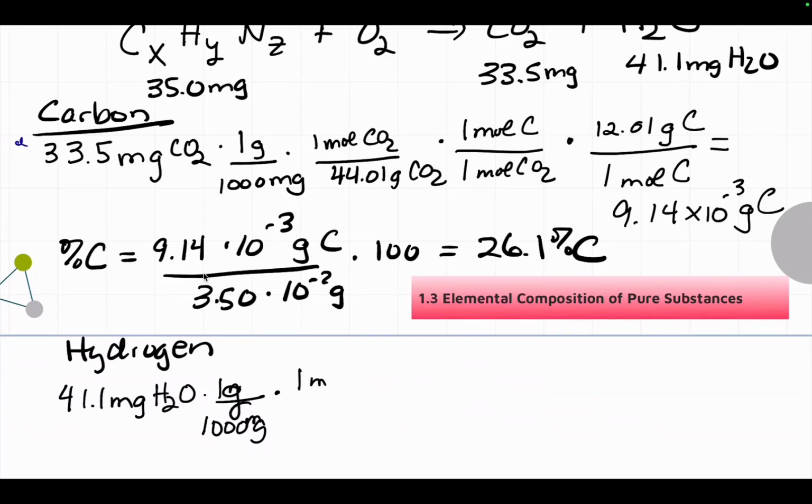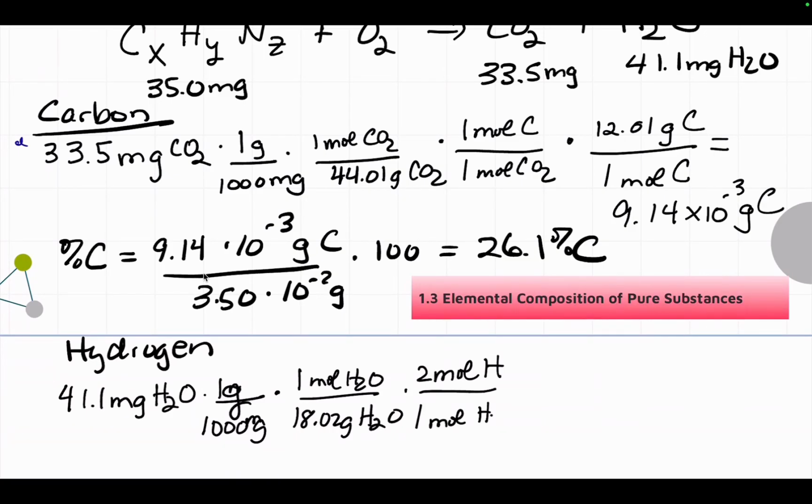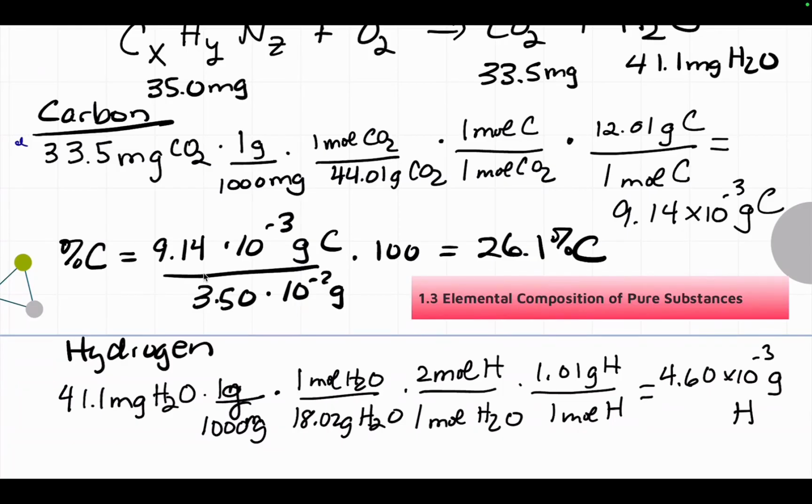Okay, 1 mole of water is 18.02 grams. There's 2 moles of hydrogen for every 1 mole of water. And then hydrogen has a molar mass of 1.01, which gives me 4.60 times 10 to the negative third grams of hydrogen from that compound.